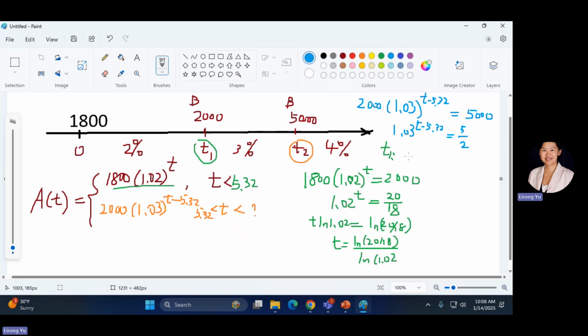So you take the natural log of both sides of the equation, then T minus 5.32 would equal natural log of 2.5 divided by natural log of 1.03. And then the final T is going to be adding 5.32 to both sides of the equation.